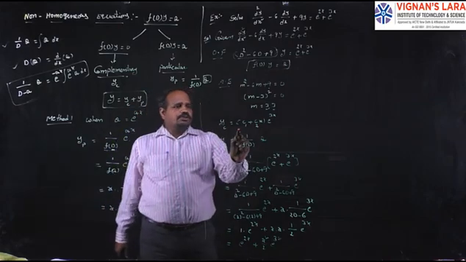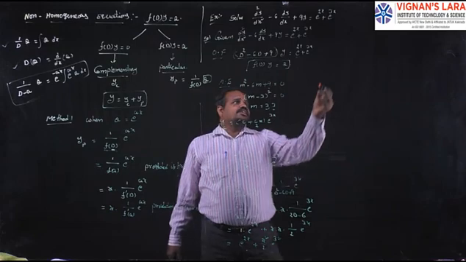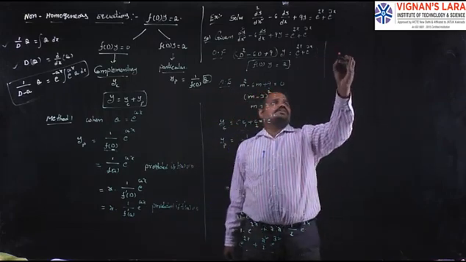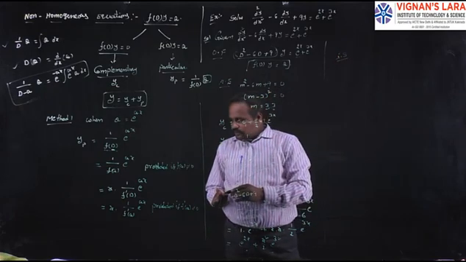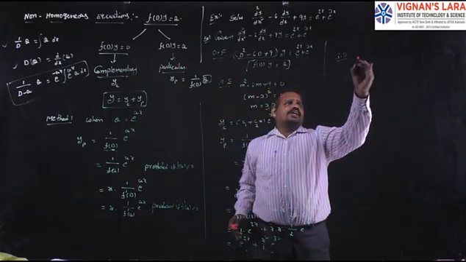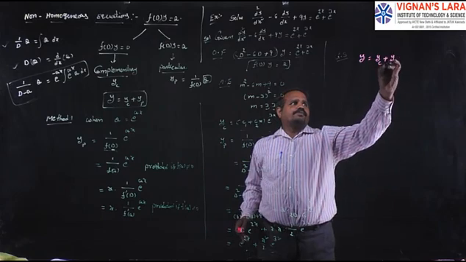So I evaluated the complementary solution here and the particular solution here. Now write the general solution. The general solution is y is equal to yc plus yp.